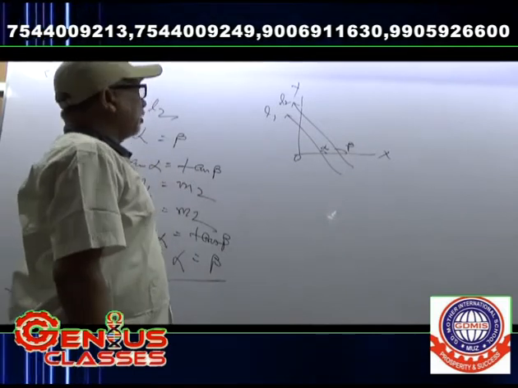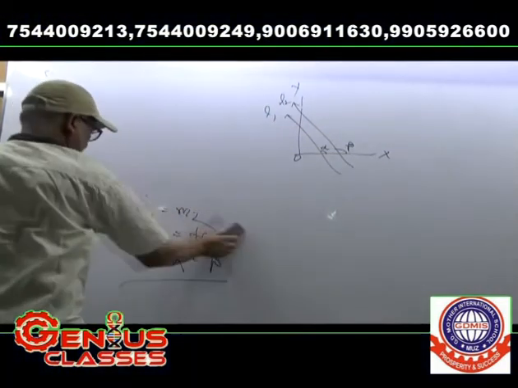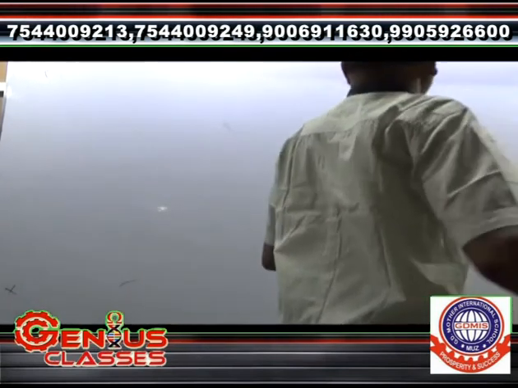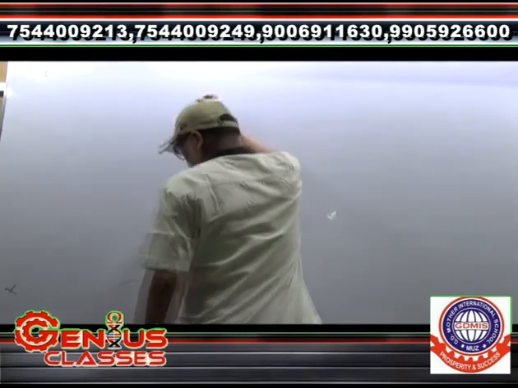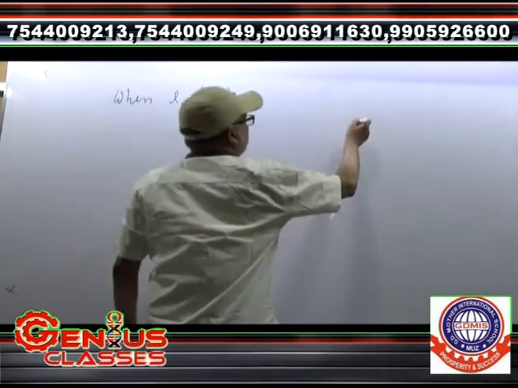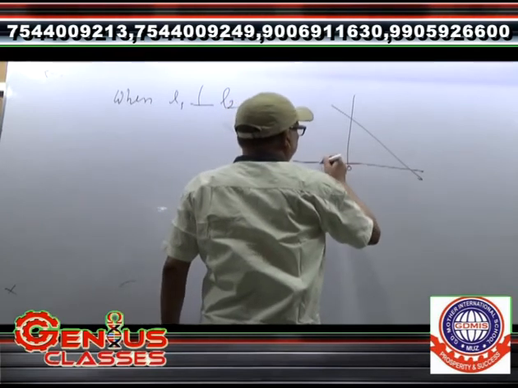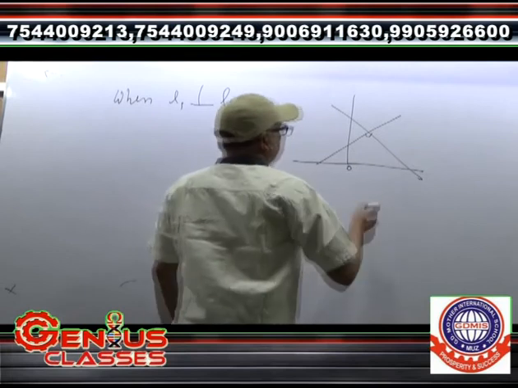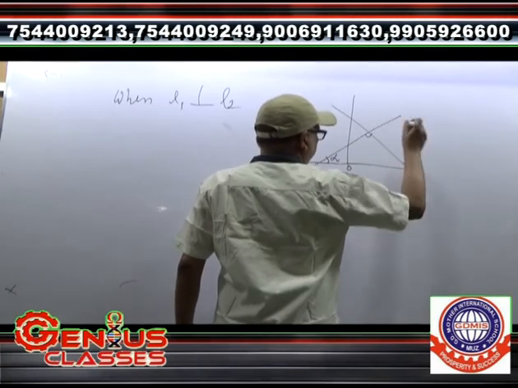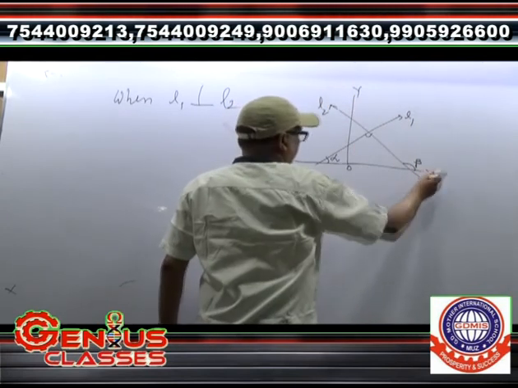So when two lines are perpendicular to each other, L1 is perpendicular to L2. ये alpha और ये beta हो गया, L1, L2, y-axis, x-axis.